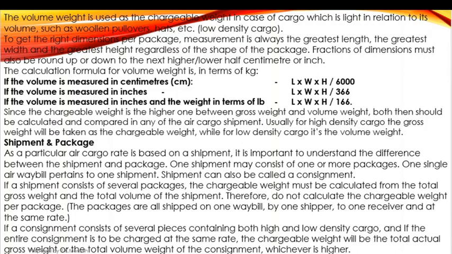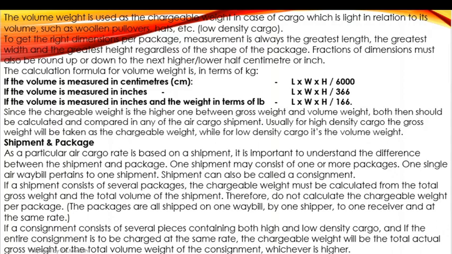So for example, let's use centimeters. Let's say this height is 122 centimeters. The length gave us 126 centimeters, and the width gave us 88 centimeters. Okay, so to find the volumetric weight, you multiply the 122 times what? 126 times what? 88.